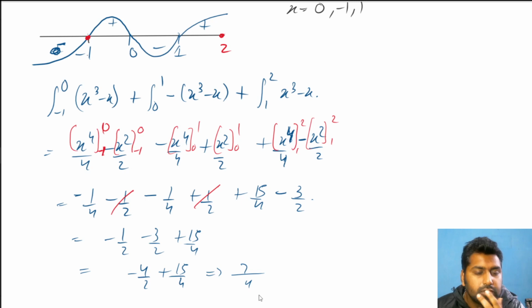Why is this? This should have been plus 1 by 2. Minus 1 by 4. One second.